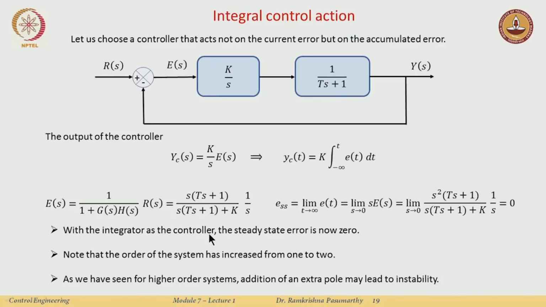So, with the addition of the integrator as the controller, the steady state error is 0, but the system order has increased from 1 to 2. If we keep on dealing with higher and higher order systems, adding an additional pole at the origin, which is essentially an integrator, might lead the system to the verge of instability. So, two things to observe here.